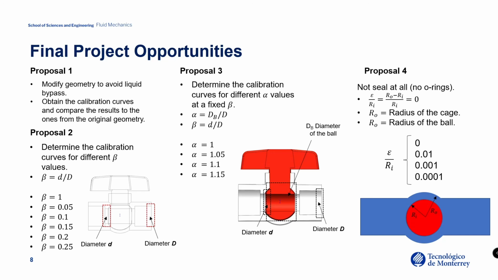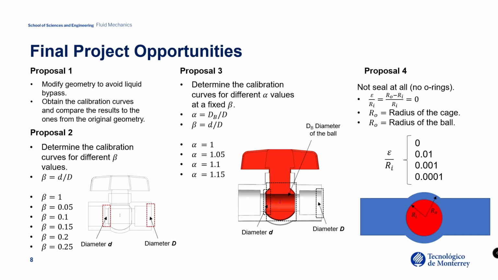The second proposal is that you have to determine the calibration curves for different beta values. In this case, beta is defined as the ratio between the diameter in the contraction respect to the diameter in the external pipe. The third proposal is that you have to determine the calibration curves for different alpha values at a given fixed value of beta.